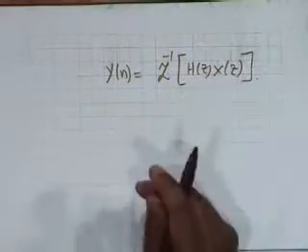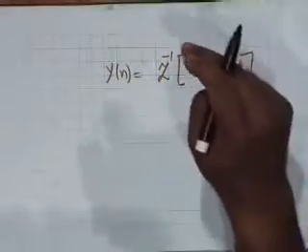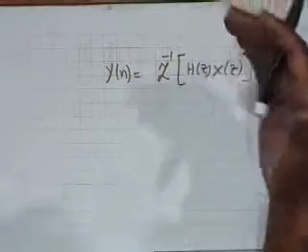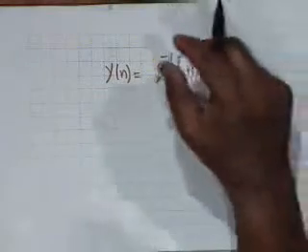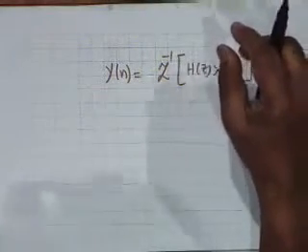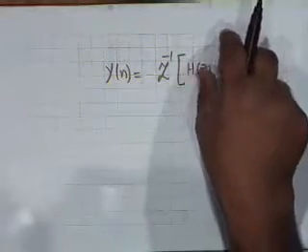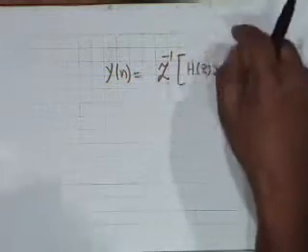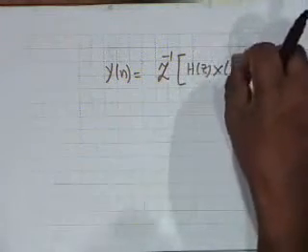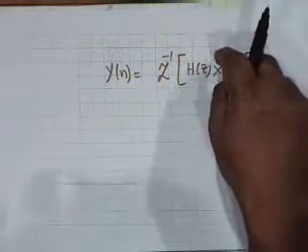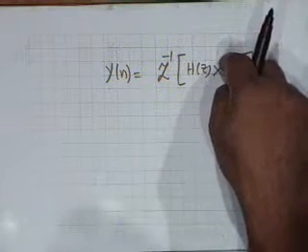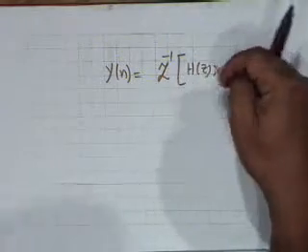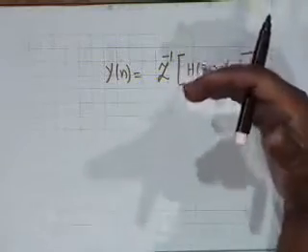I must caution you that this should not be done blindly, because the time domain sequences h of n and x of n might be so simple that it's easier to take the convolution rather than multiplying the two Z transforms and taking the inverse Z transform. In terms of computerization of linear system analysis, the convolution may be computationally much less expensive than inversion of the Z transform. Inversion of the Z transform requires separate kinds of routines.